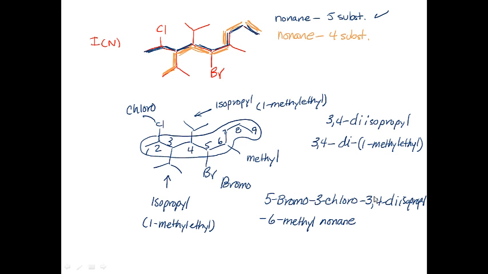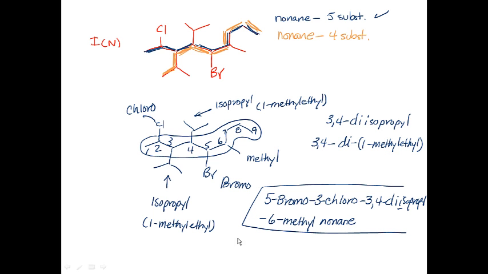Now the diisopropyl rules, I'm still alphabetizing on I because the di, tri, tetra don't count unless they're in brackets, which in this case they're not. So this is one possible name.